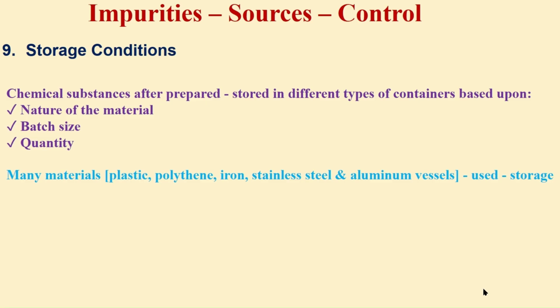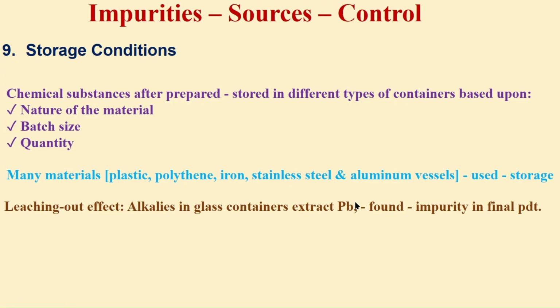All these materials, based on the nature of the material, batch size of the material, and quantity of the material which you are preparing, are prepared or stored either in plastic or polythene or iron, stainless steel, or aluminum vessels.